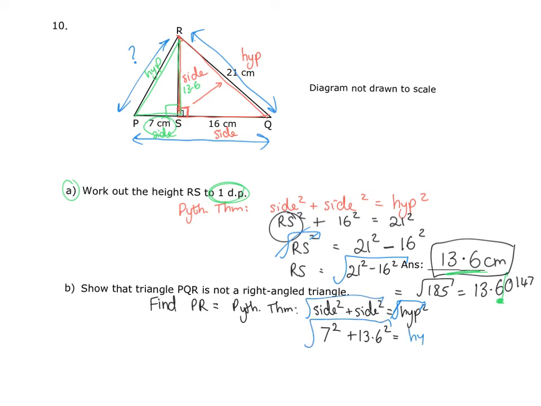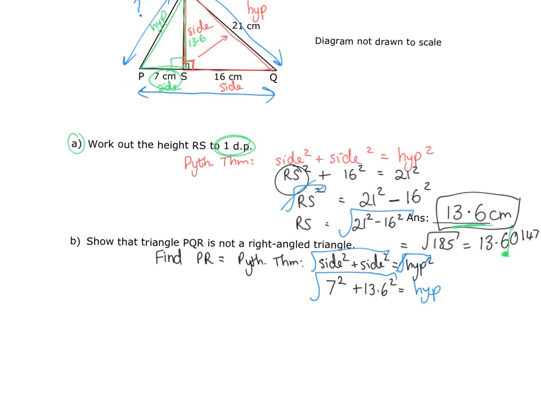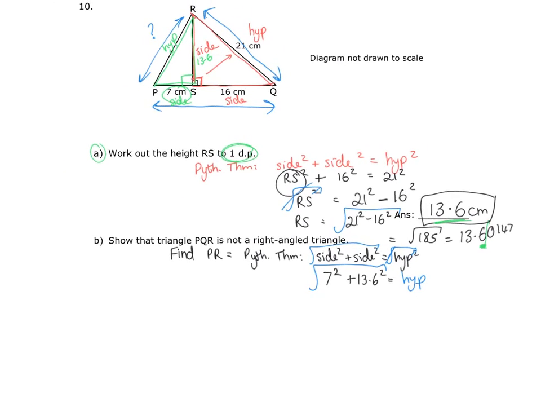So now use a calculator, and that is 15.3 to 1 decimal place. It's 15.295 actually.